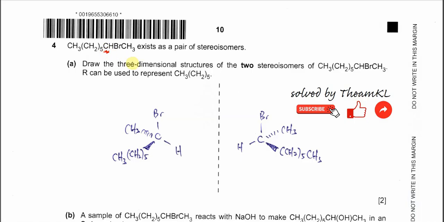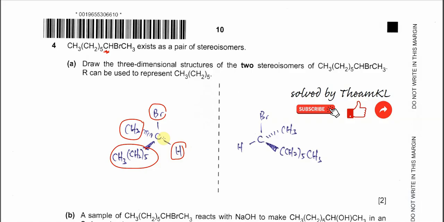You need to get the 4 different groups bonded to this carbon, which are the bromine, the methyl group, this alkyl group, and the hydrogen. So there are 4 different groups bonded to the chiral carbon.